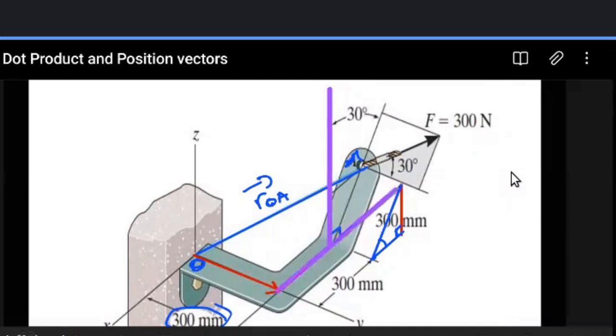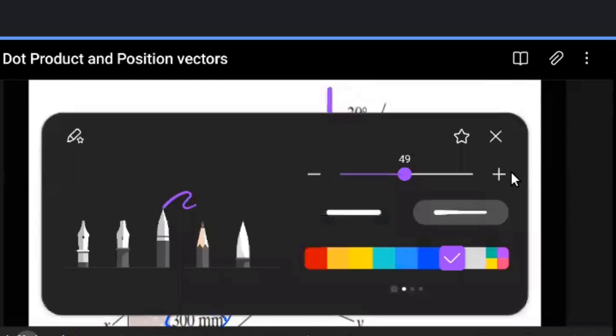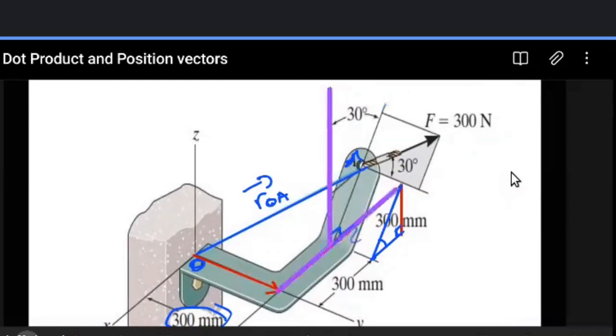Then the 30-degree angle that is given is how far away this line has rotated from the z-axis. So this blue line here, how far away it has rotated from the z-axis, that is what the 30 degrees is.